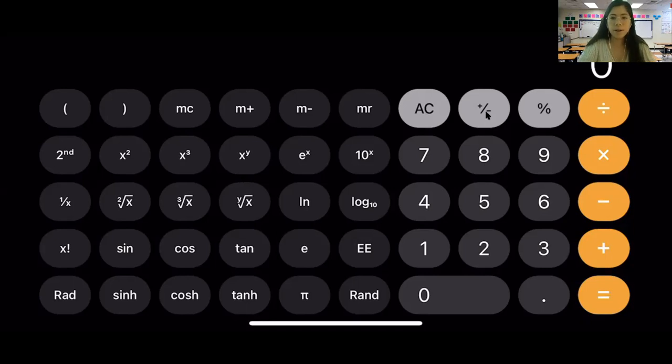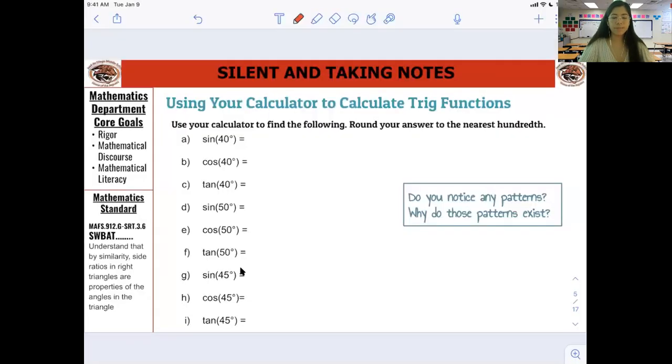But let me go back to the problems that you're going to do. Using your calculators, figure out sine of 40, cosine of 40, tangent of 40, go all the way down, and write the answers in your notebook as well.